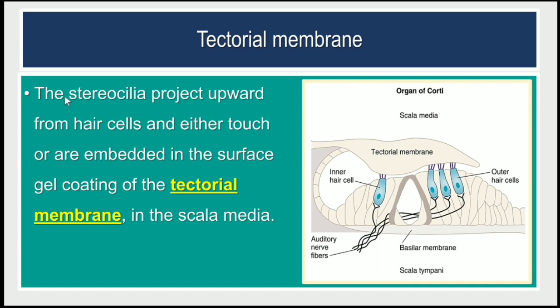The stereocilia, which are projected upwards from the hair cells, either touch or are embedded in the surface of the gel coating of the tectorial membrane. This is made up of a gel-filled matrix, and this membrane is called the tectorial membrane.